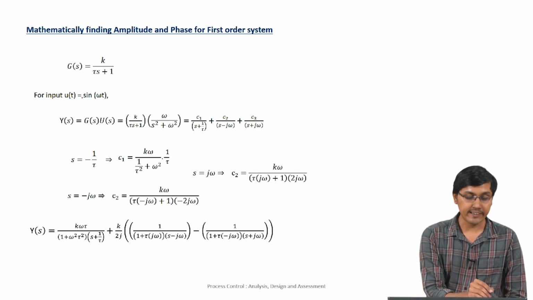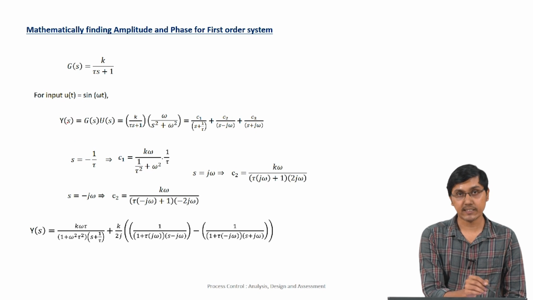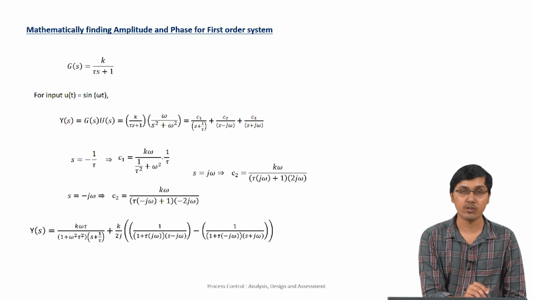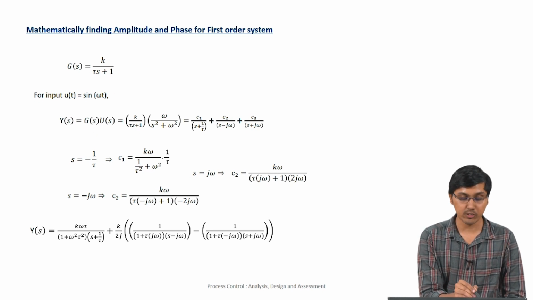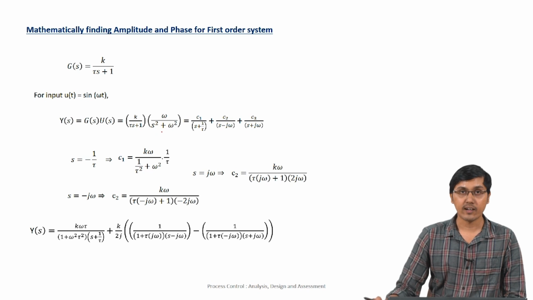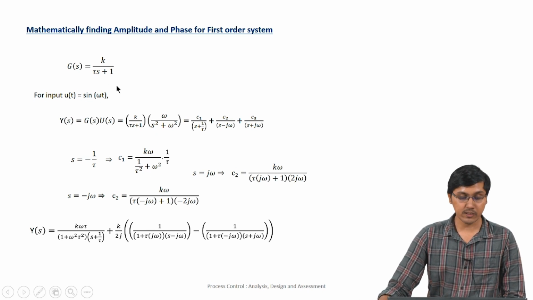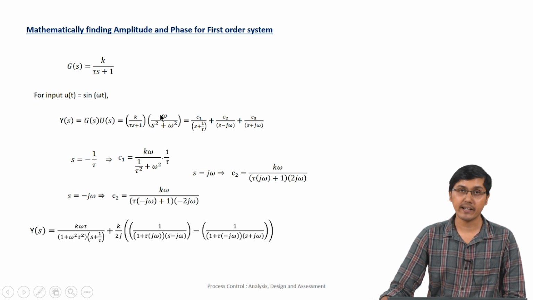In the Laplace domain, the output Y(s) is nothing but the product of the transfer function and the input, so Y(s) equals G(s) into U(s). We substitute G(s), and the Laplace transform of the input sine omega t is nothing but omega by s squared plus omega squared.